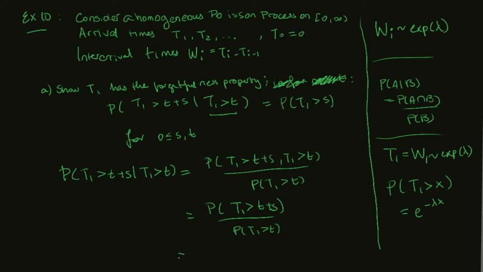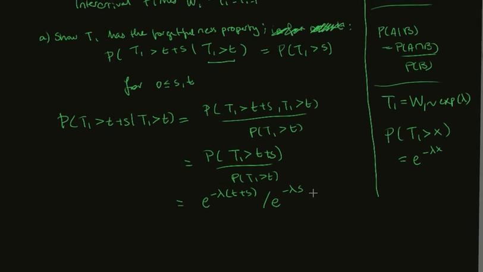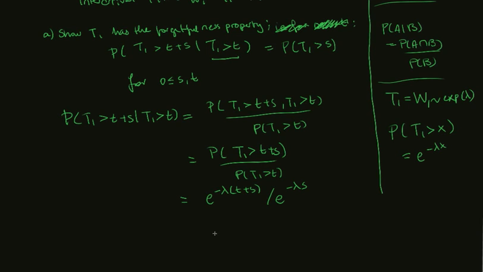So this is equal to e to the minus lambda (t plus s), divided by e to the minus lambda t. So the terms with t cancel out, and what we're left with is e to the minus lambda s, which is then again the probability that t1 is greater than s. So that was pretty simple.